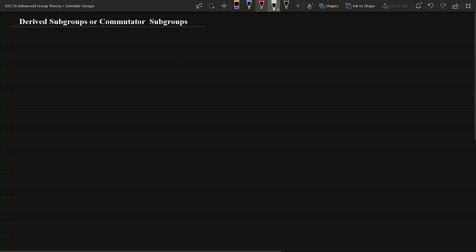Okay. So the definition, and this definition will define commutators. Commutators in a group. So when we call some kind of elements commutators of groups.